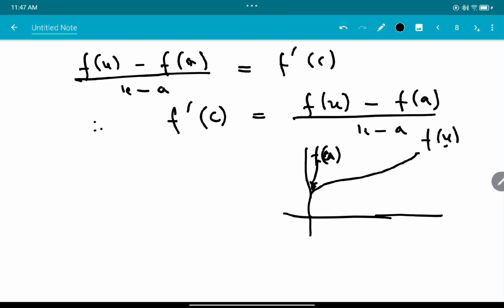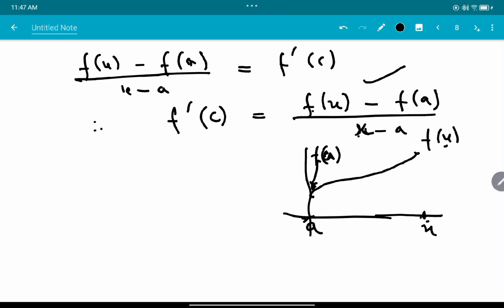This is the change in the function divided by the corresponding change in x. This is x, this is a, x minus a, the change in x. So the change in the function divided by the change in x is the rate of change of the function, but this is its average rate of change, because you are taking the final value minus the initial value and dividing by x minus a. The resulting change is not the actual rate of change, it is the average rate of change.